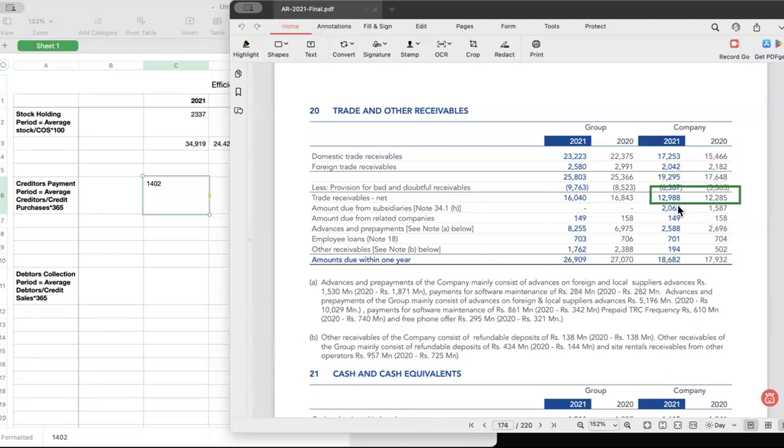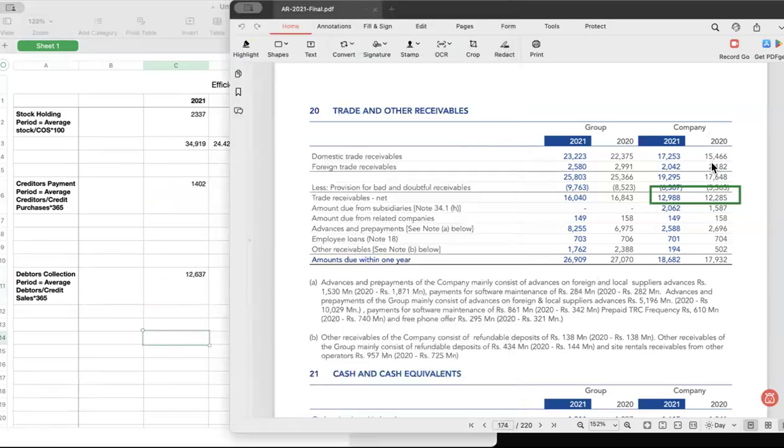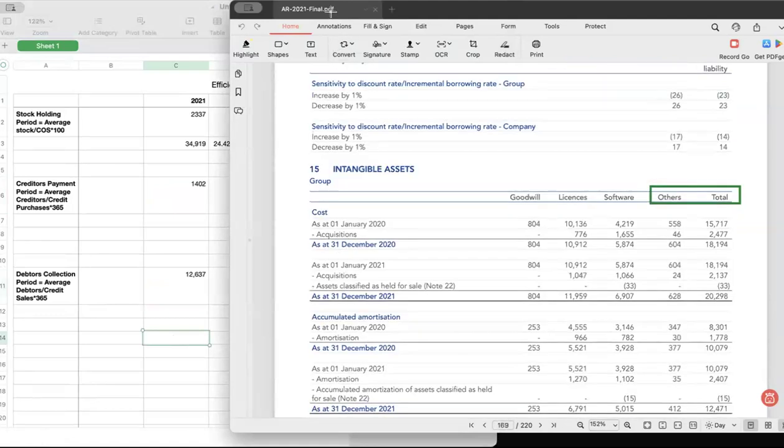You have to take the net receivables, which is 12,988 plus 12,285 divided by 2. That is equal to 12,637. Clear?